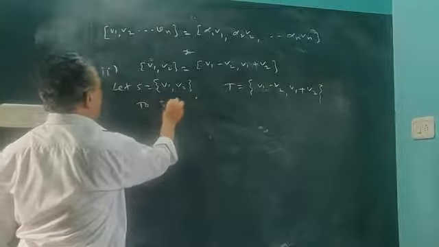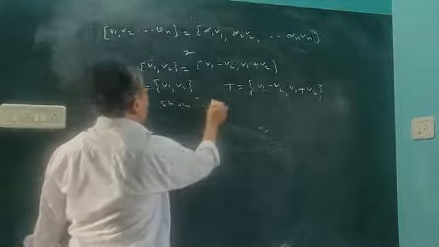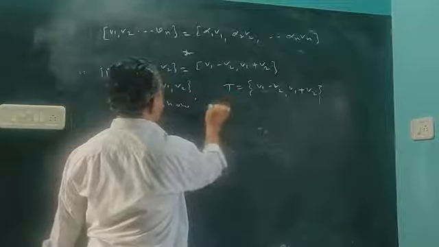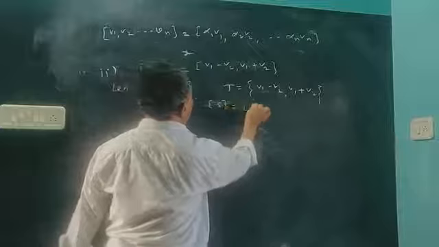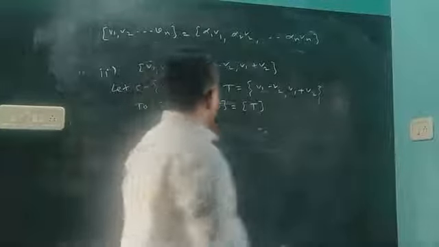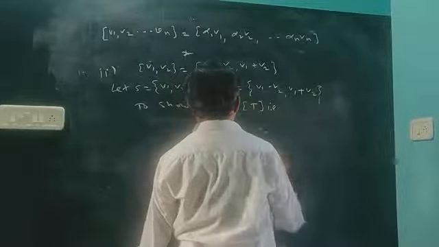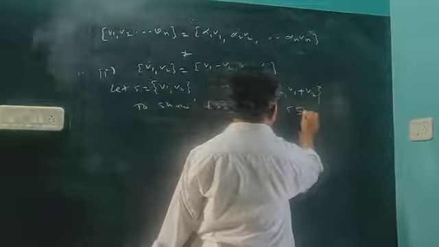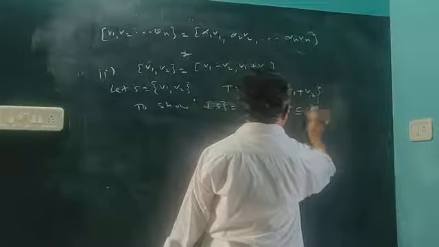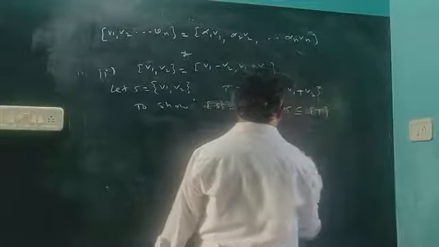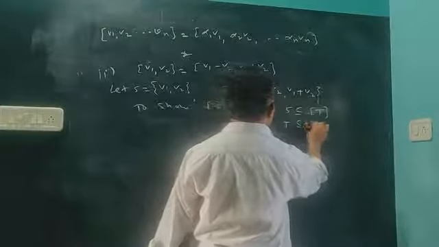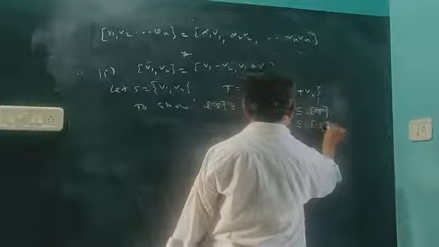And we have to show span L of S equals span of T. That means we have to show two points: S is a subset of L of T, meaning span of T, and T is a subset of span of S.